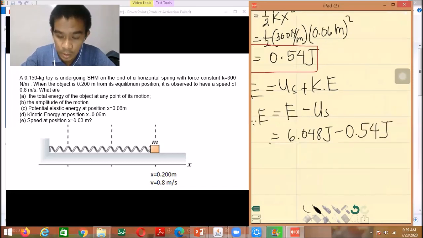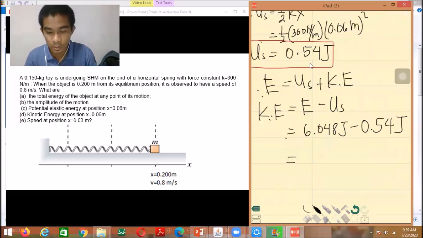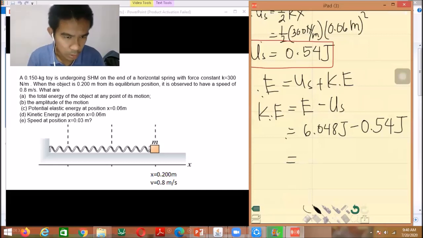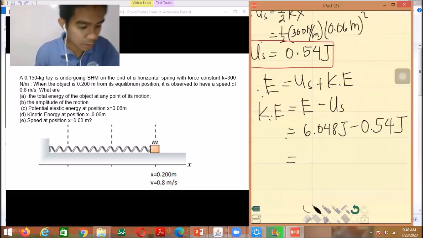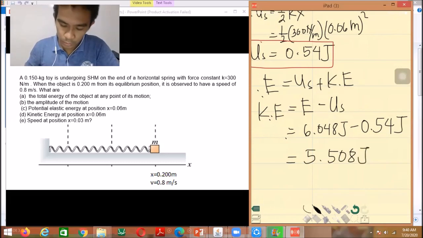So the kinetic energy at position x equals 0.06 is 5.508 joules.